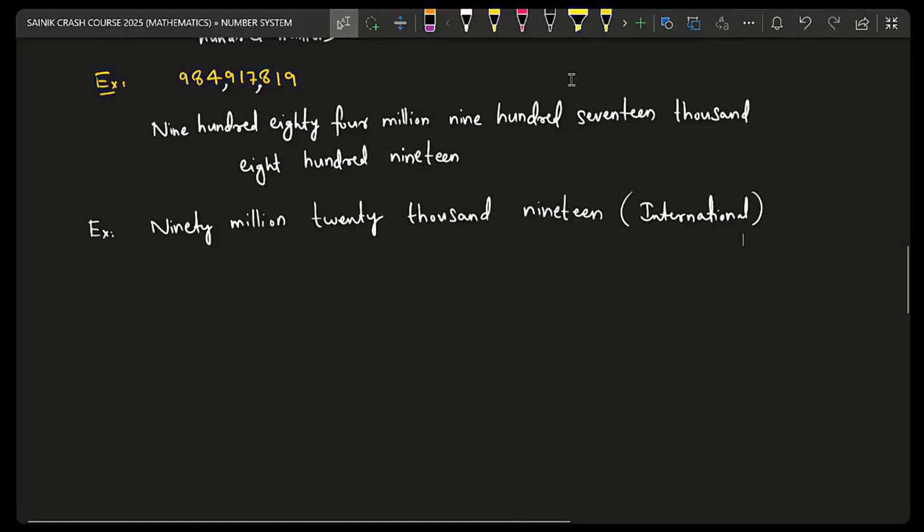Sir, 90, comma 020, comma 019. Okay, let me see. 90,020,019. Yes, this answer is correct. So this is the way we write from digits to numbers and numbers to digits.